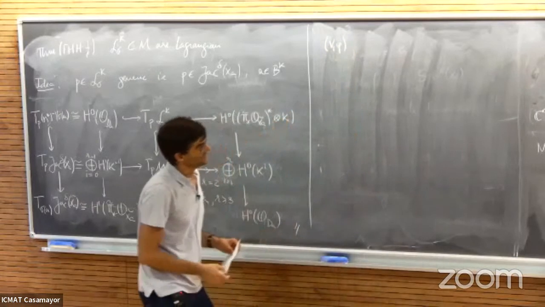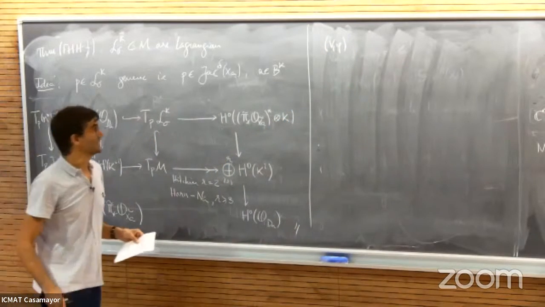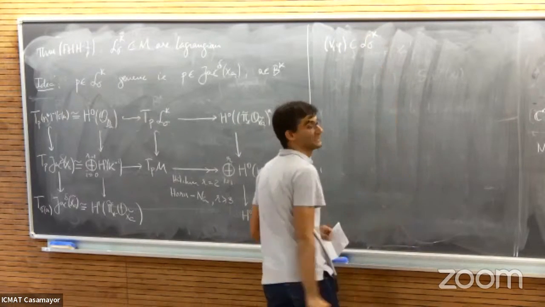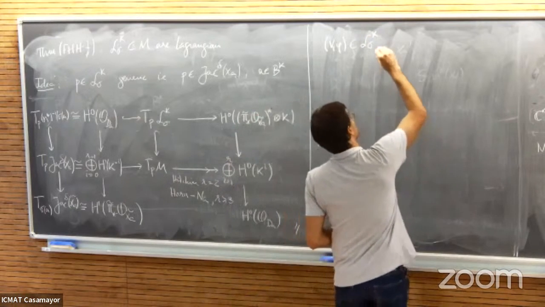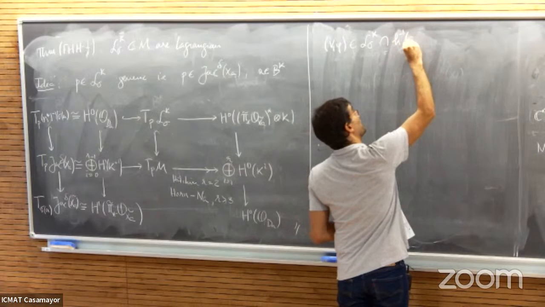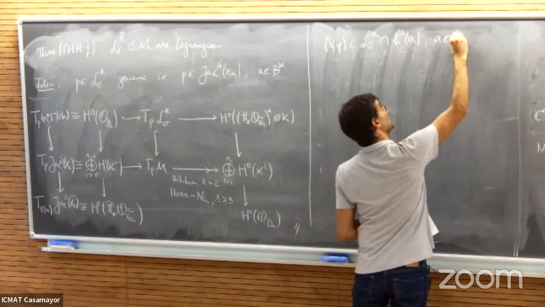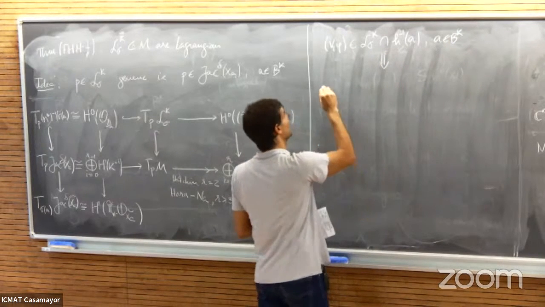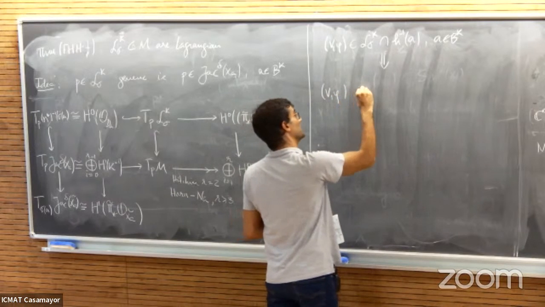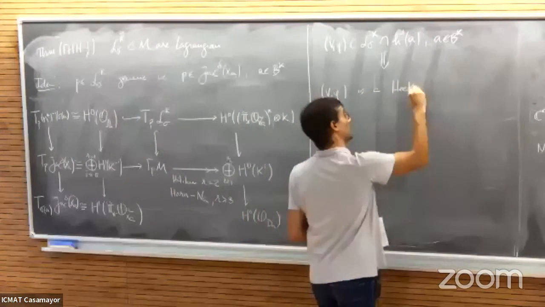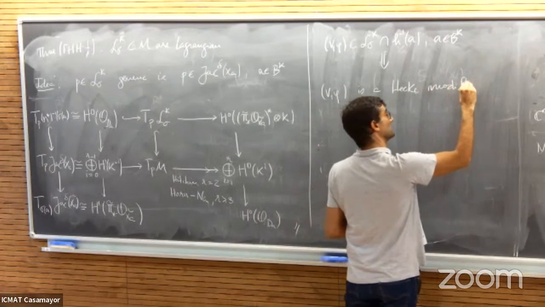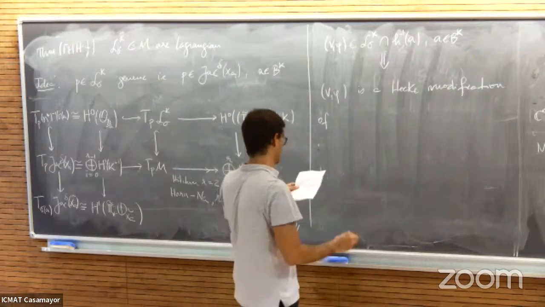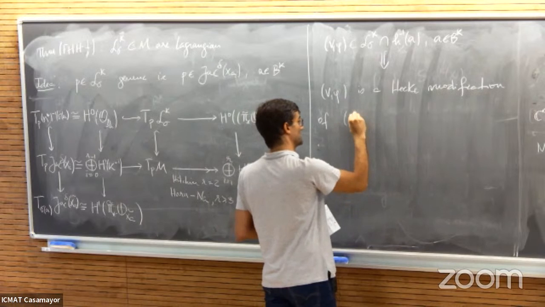So let me just give you a property of these Lagrangians. If V_p is a Higgs bundle representing a point in one of these Lagrangians, in a fiber over some generic point of P_K, then it's easy to see that V_p is a Hecke modification of the Higgs bundle given by this.